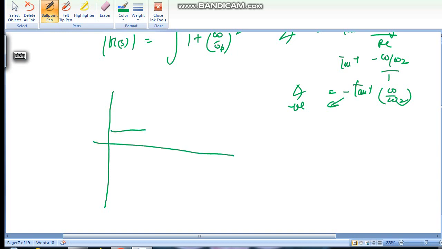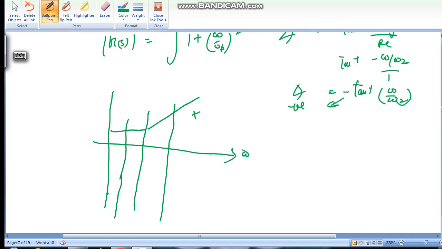And the magnitude response is like the left hand plane zero, which is plus 20 dB per decade.